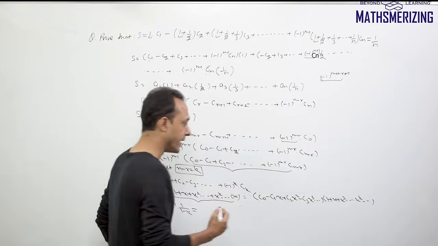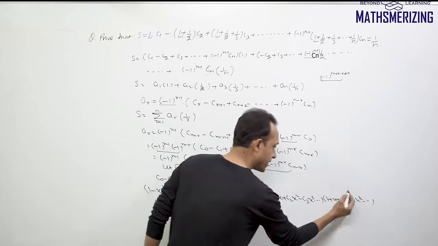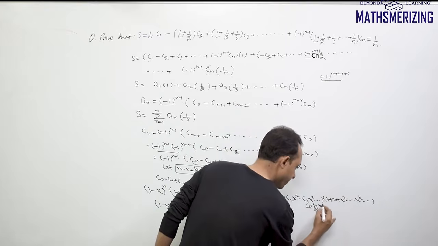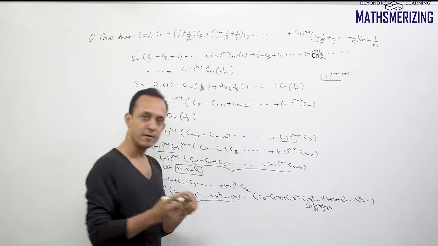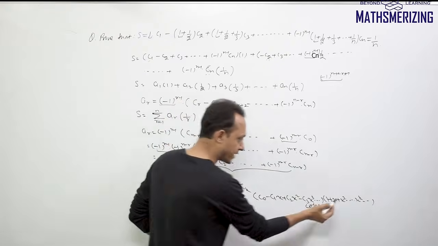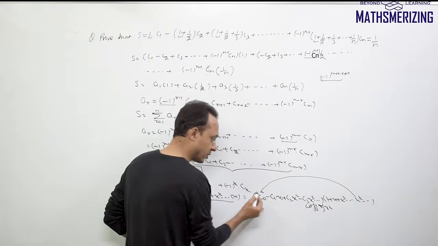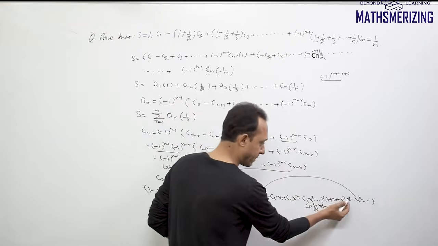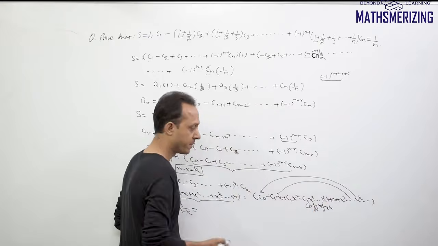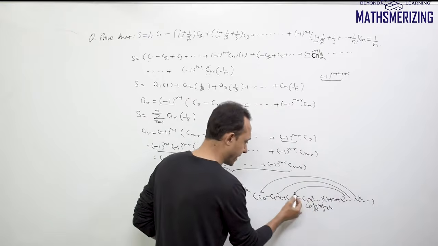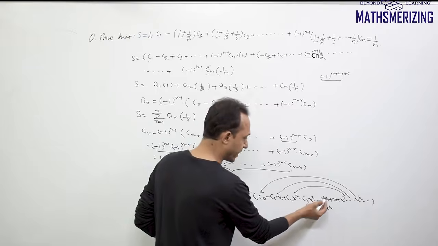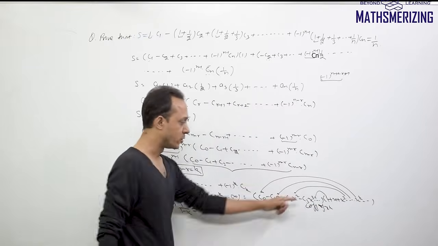And here on the right hand side, if I look at the coefficient of x to the power k, when do I get this coefficient? When x to the power k gets multiplied with C0, when x to the power k minus 1 gets multiplied with C1, x to the power k minus 2 gets multiplied with C2, and when the 1 gets multiplied with x to the power k.